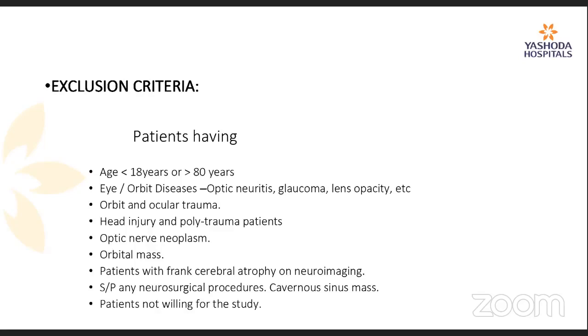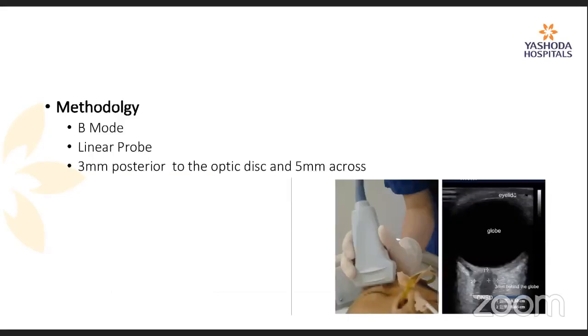And all patients who underwent any kind of neurosurgical procedures like decompressive craniectomy, etc., they were not included in my study. How did we do the study? We used the B mode of ultrasound, also called brightness mode or 2D mode. We used the linear probe of 7.5 megahertz, as you can see in the picture.